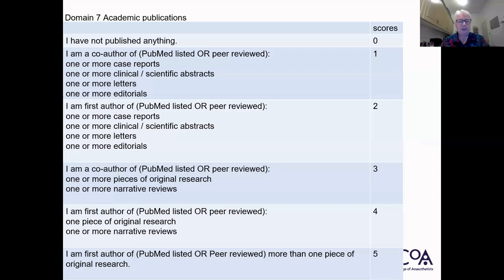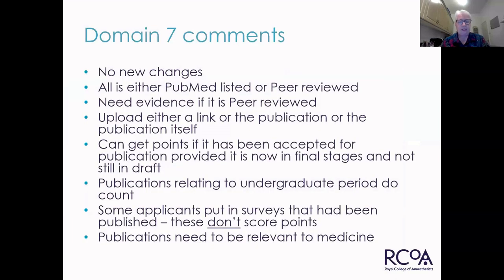So academic publications, I'm not going to go through it all, but you can read the criteria. Again, we haven't made any changes this time. Anything that you upload has to be either PubMed listed or peer reviewed. The assessors will go and check on PubMed to see where your evidence is. If it's not PubMed listed, you can still gain points provided it's peer reviewed, but you need to put evidence of the journal where you've had your publication accepted or published, so that we can see that it is a peer reviewed publication.